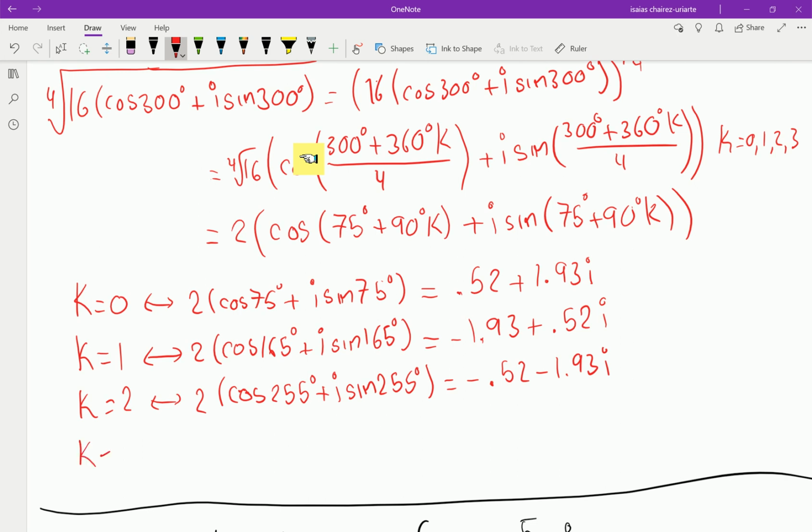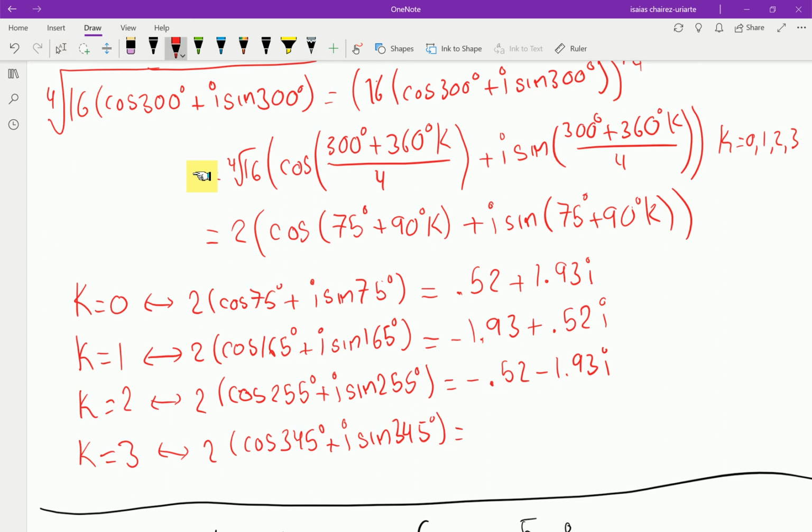Lastly, if k is equal to 3, I have 2 cosine of 75 plus 270. 75 plus 270, that's 345, plus i sine of 345.